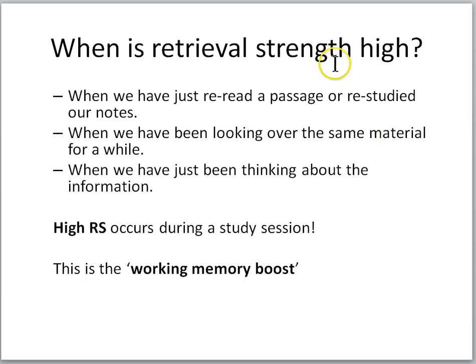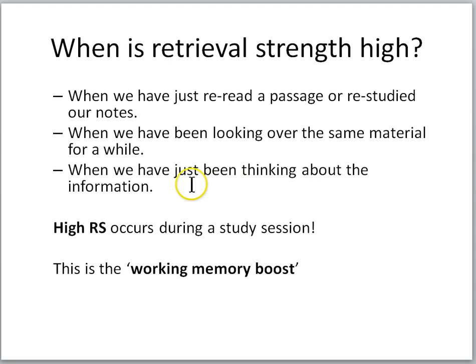So when is retrieval strength high? Well, when we have just reread a passage or restudied our notes. We've just been processing information, and a moment later, we still have quick access to that information. Or when we've been looking over the same material for a while. Again, we've loaded up the information into working memory, and even if I momentarily pay attention to something else, I still have quick access to that information for a short time.